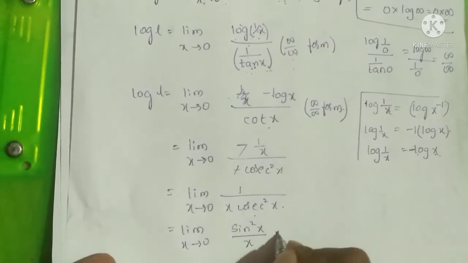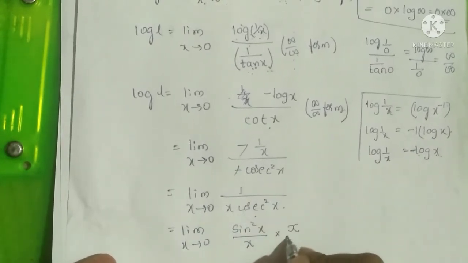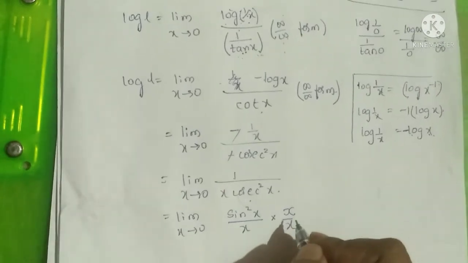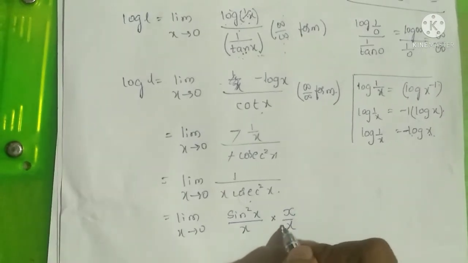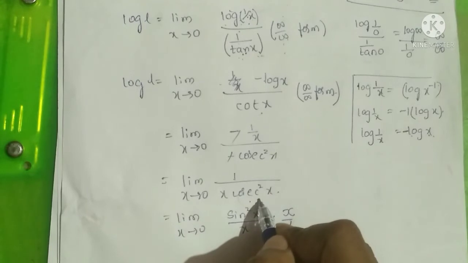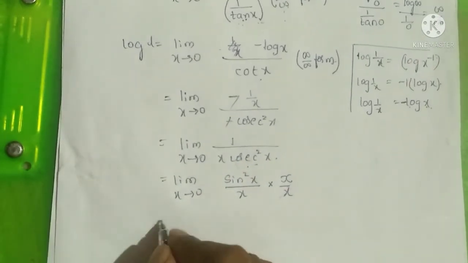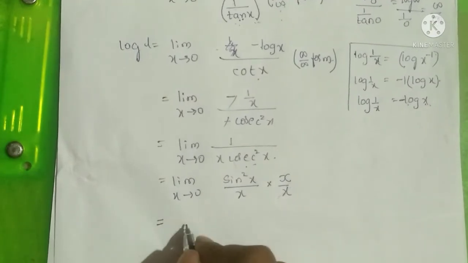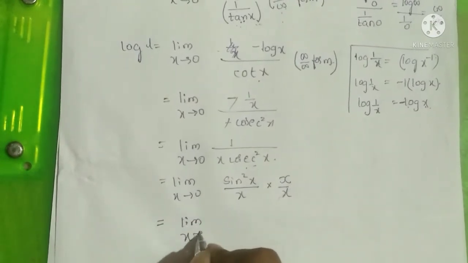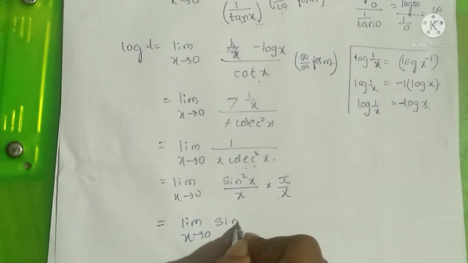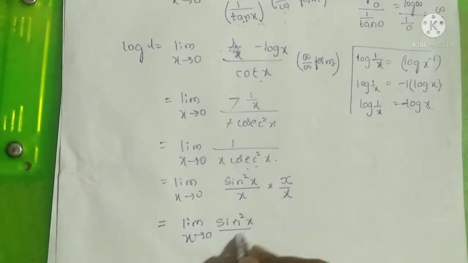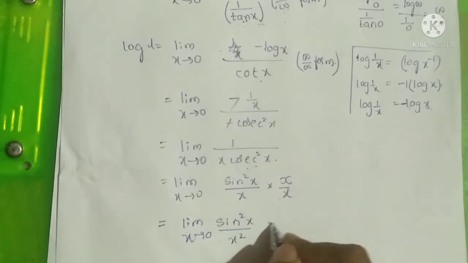For convenience, I'll multiply and divide by x, so you get limit x tends to 0 of sine square x divided by x into x, which is x square into x.